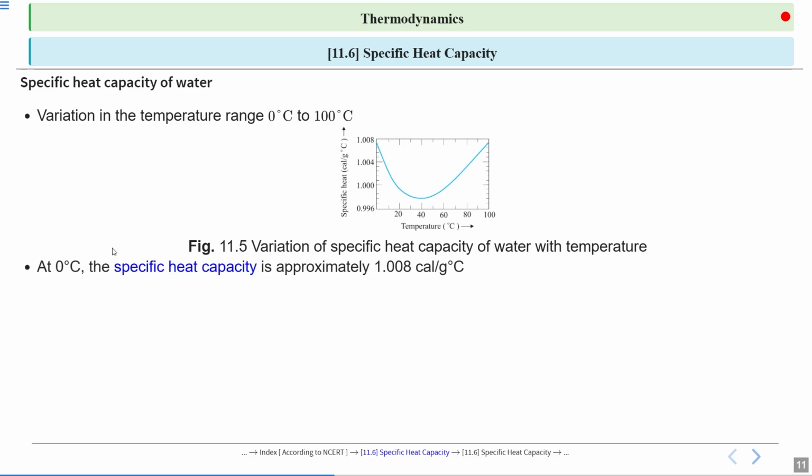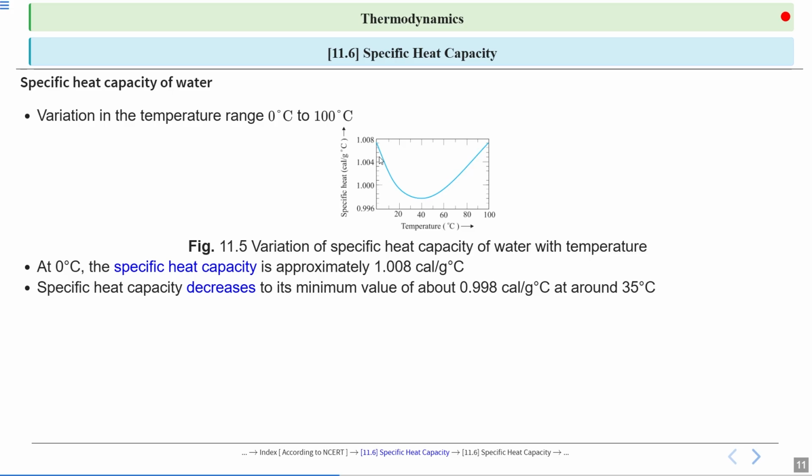At 0 degrees Celsius, the specific heat capacity is approximately 1.008 calorie per gram per degree. It decreases to its minimum value of about 0.998 calorie per gram per degree Celsius around 35 degrees Celsius.